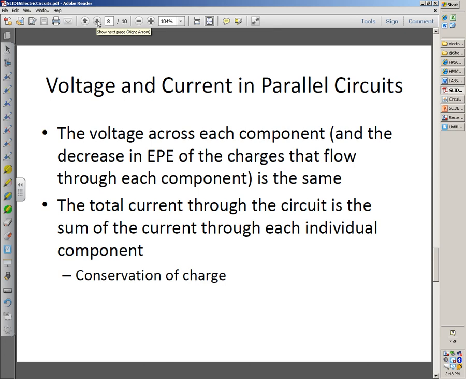Voltage and current in parallel circuits. The voltage across each component is the same because we said the voltage relates to what? The battery. Voltage tells you about the energy of the battery.